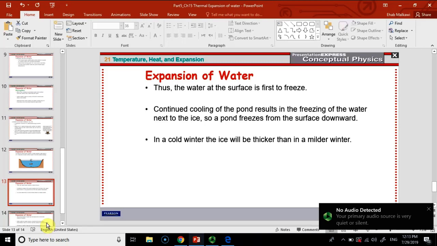So the water at the surface has to freeze first. Continued cooling of the pond will result in freezing of the water next to the ice, so a pond freezes from the surface downward. Of course, in a colder winter, the ice will be thicker than in a milder winter.